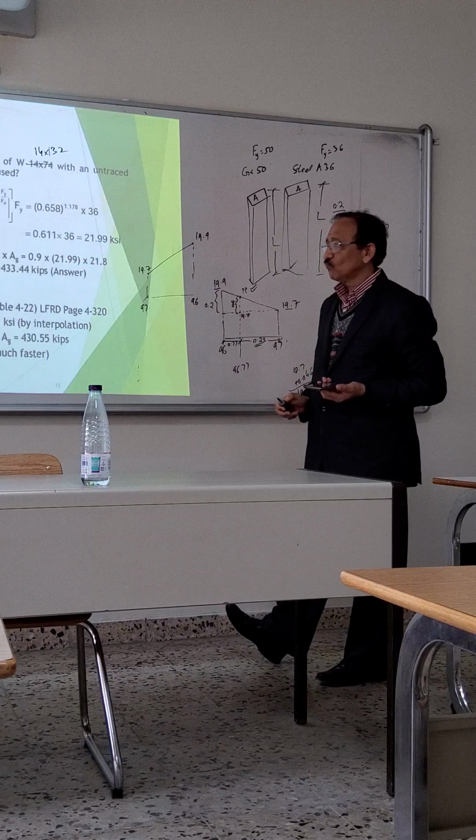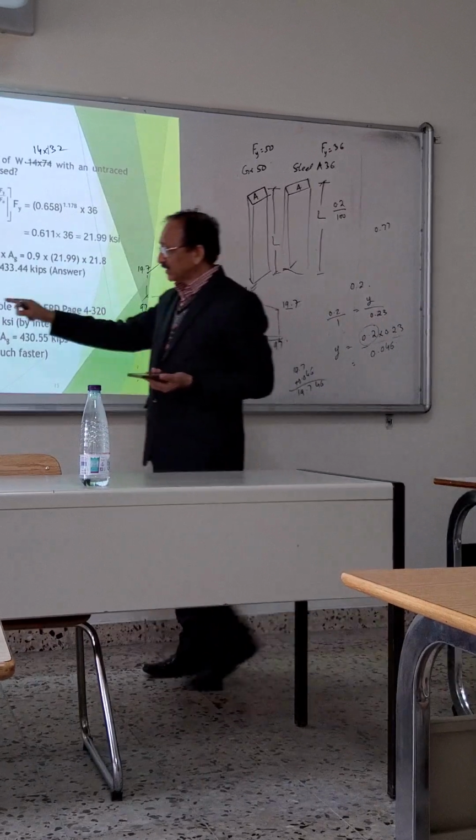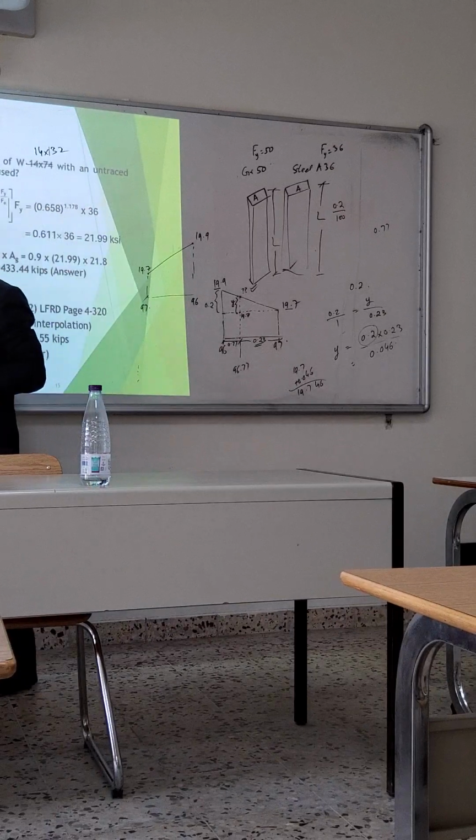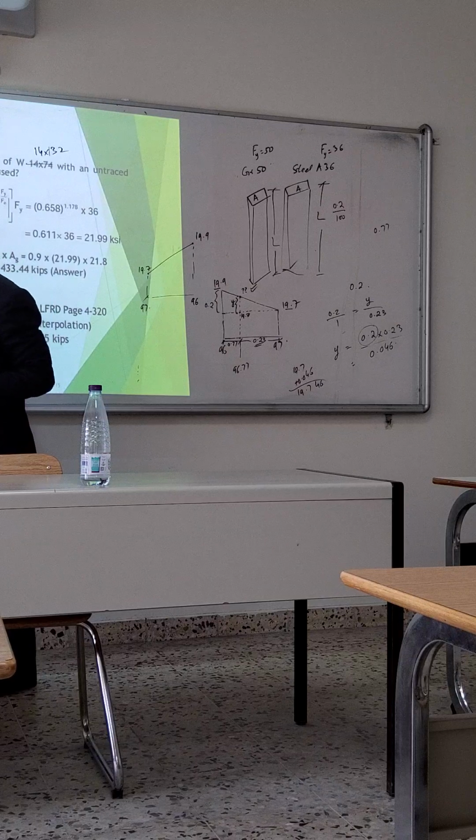Now what you will do, you will check 0.44 Fy. 0.44 Fy will be how much? 15.84. Now you check whether your Fe value is greater than 0.44 Fy.